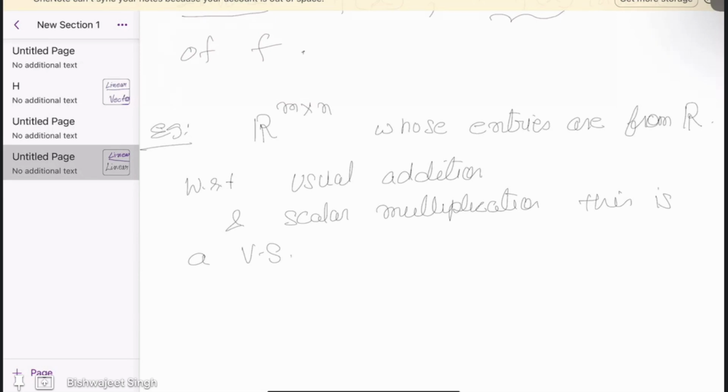So what I want to say here is that if we take all the matrices of order m cross n, and take the usual addition, that is the component wise addition, and the scalar multiplication, that is, if I multiply a scalar alpha to a matrix, I multiply all the entries of the matrix by alpha, then it also satisfies all the 8 properties, and this is also a vector space.